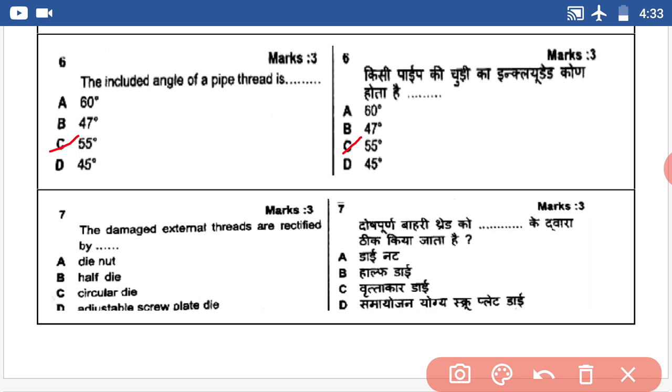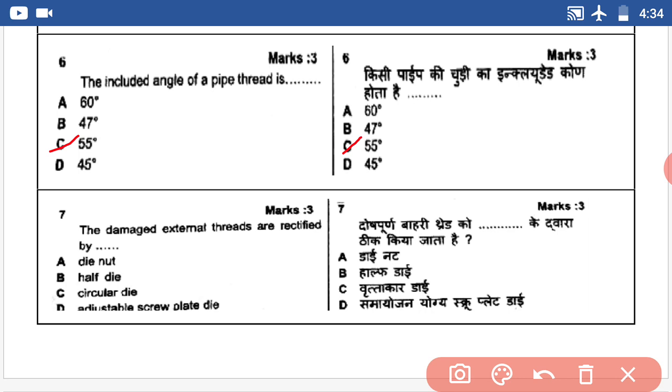Question number 7. The damaged external threads are rectified by dash. This question's answer: die nut.